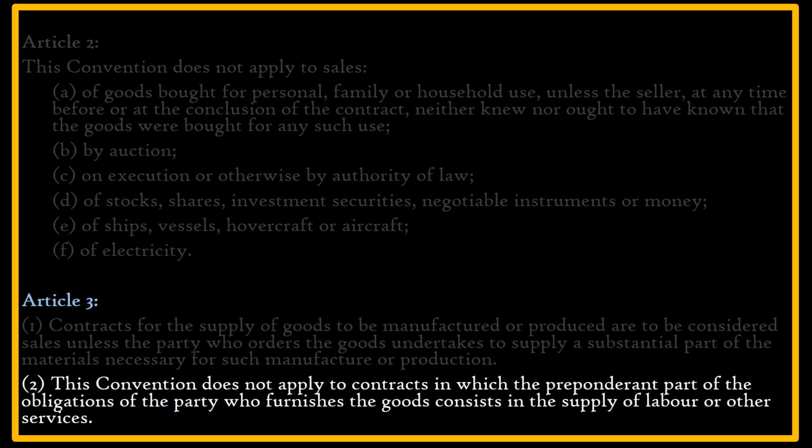All right, moving on to Article 3. This convention does not apply to contracts in which the preponderant part of the obligations of the party who furnishes the goods consists in the supply of labor or other services. We talked about this when we discussed the application of the UCC. Remember, we talked about hybrid contracts.